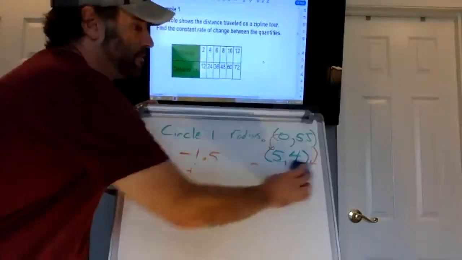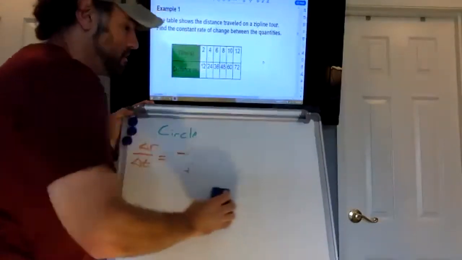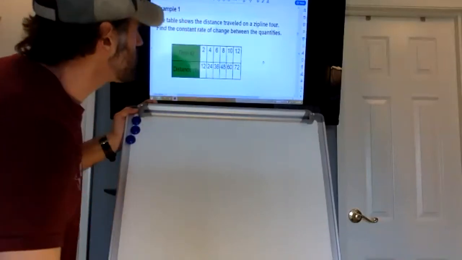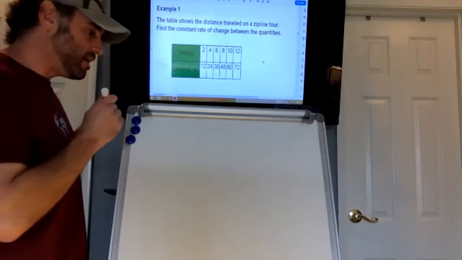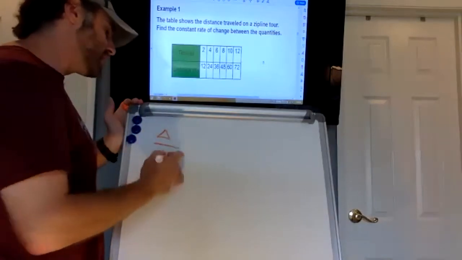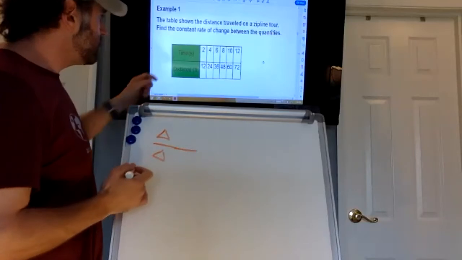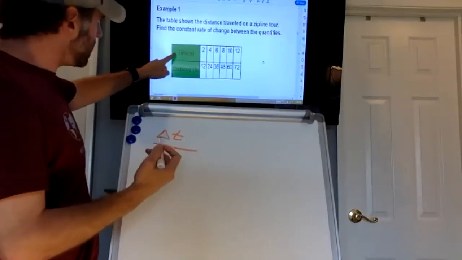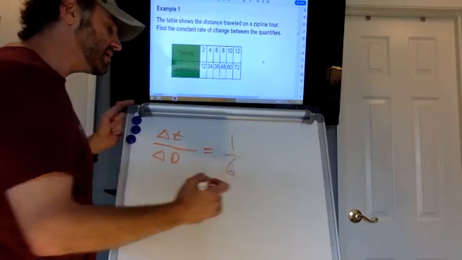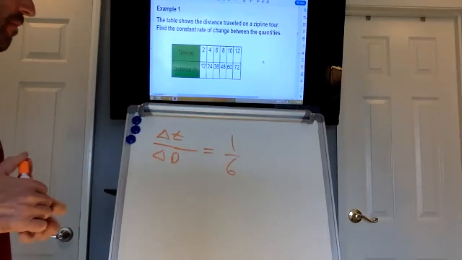Okay, so it says find the constant rate of change between its quantities. Would that rate of change be 1/6? That's if you're doing one delta over another delta, change in time over change in distance. Then it would be 1/6, yes.